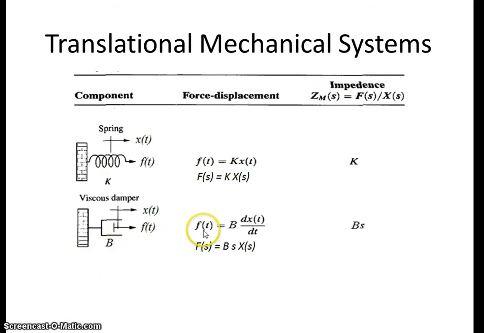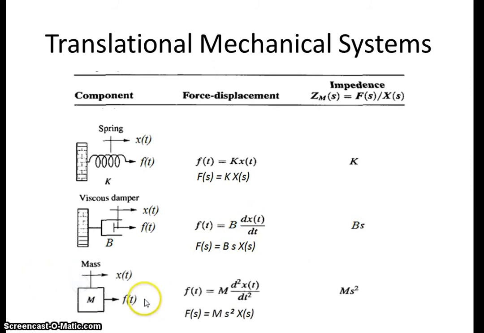The second component is the viscous damper. So the reaction force of a damper will just be the damping factor B times the first derivative of the displacement with respect to time. Converting it into its Laplace, we have this, and if we get the impedance, which is F of s divided by X of s, then the impedance of a viscous damper will be B times s.